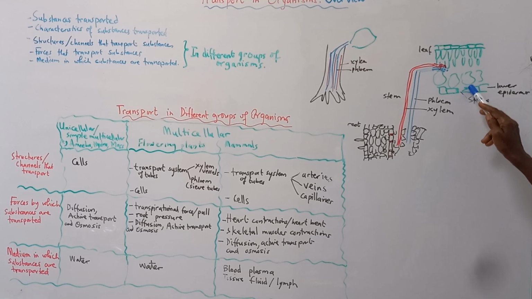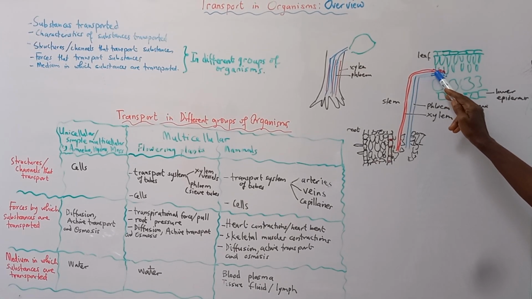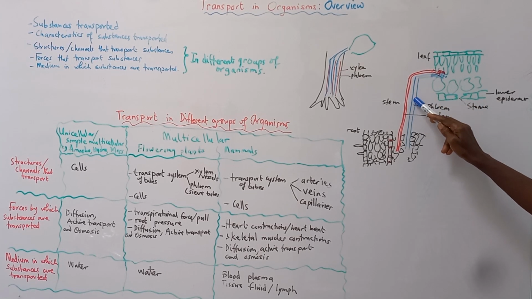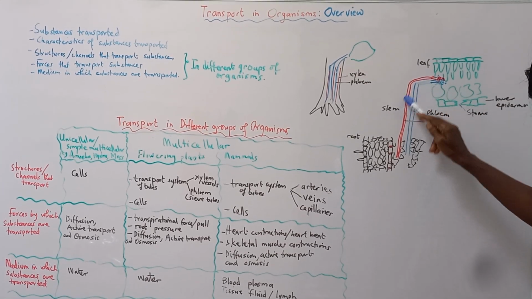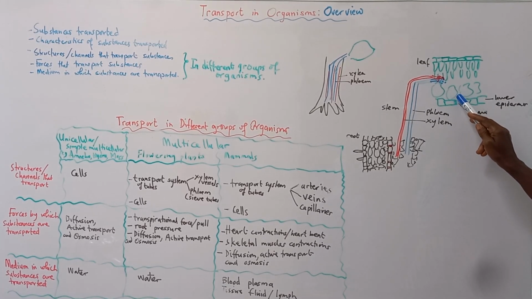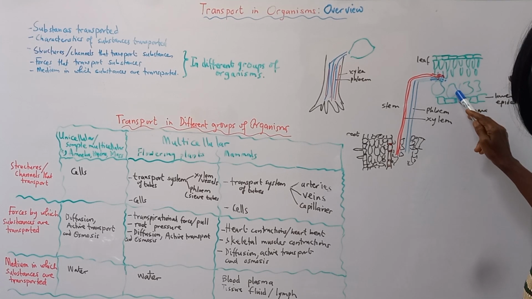As the leaves lose water by evaporation, more water is passed on from the cells, and finally water is drawn from the xylem.